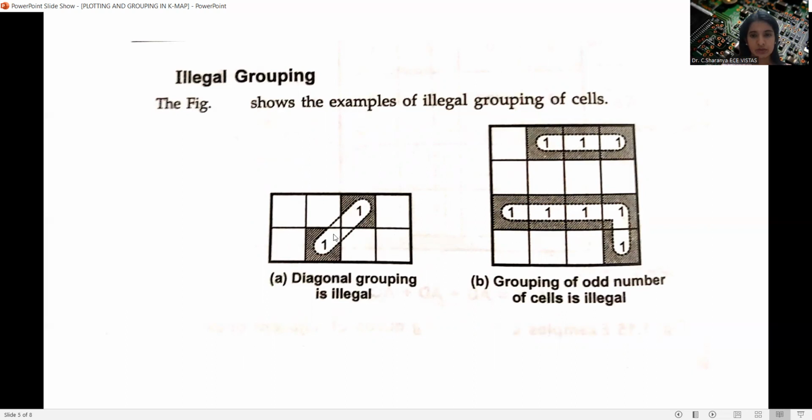Diagonal grouping is not allowed in twos, fours or eights. Groups of threes or fives are also not allowed. You cannot group in this shape at all. It has to be horizontal, vertical, or in a square pattern.